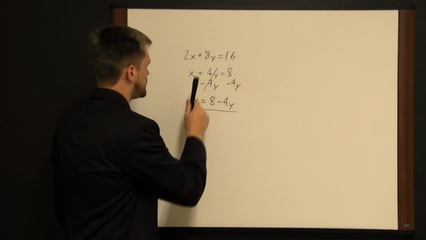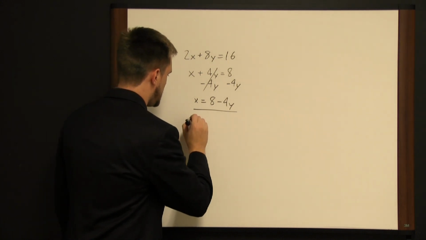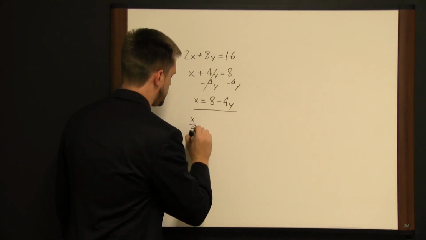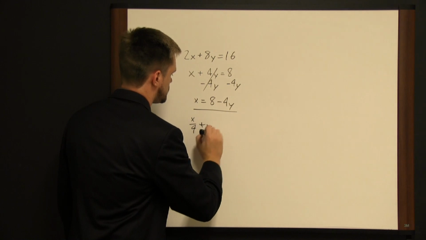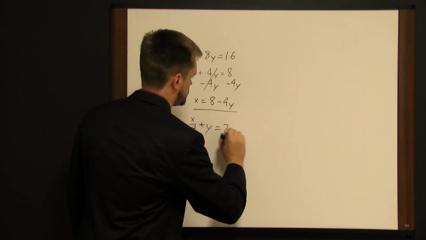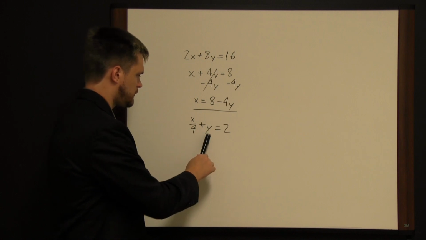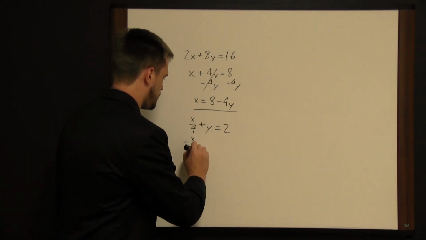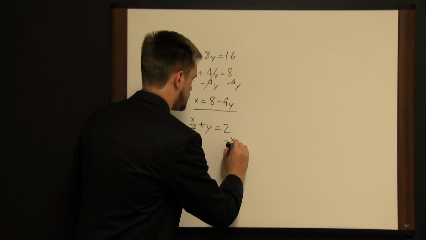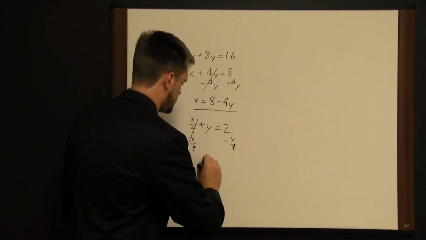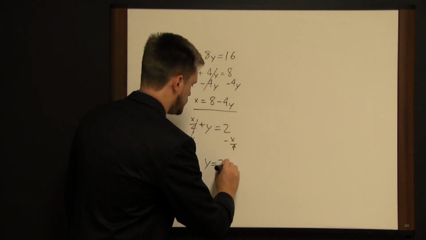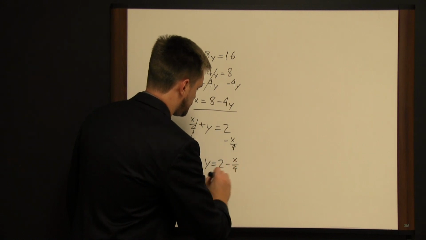And so what we'll have is 2x divided by 8 is x over 4, plus y equals 2. And so we want to isolate y a little further, so we're going to subtract x over 4 from both sides. And that will give us y equals 2 minus x over 4.